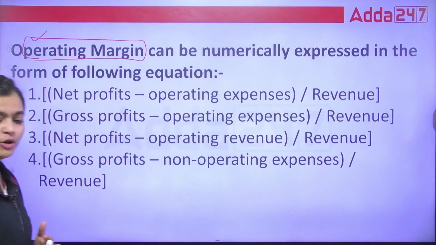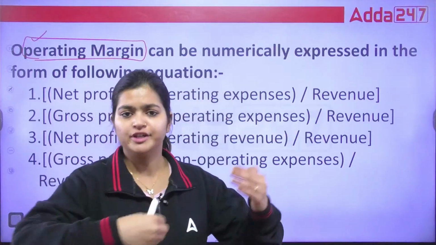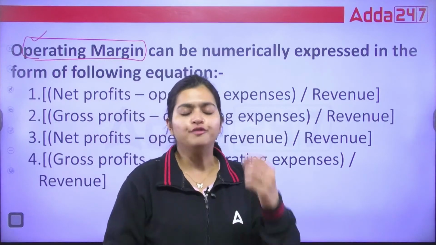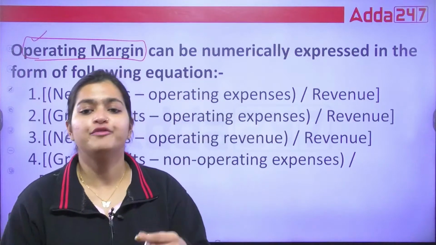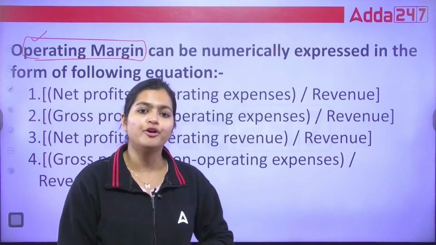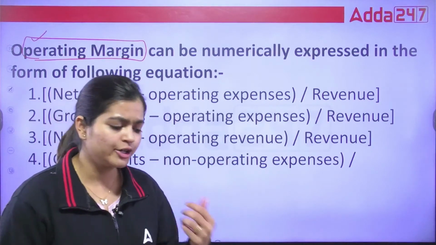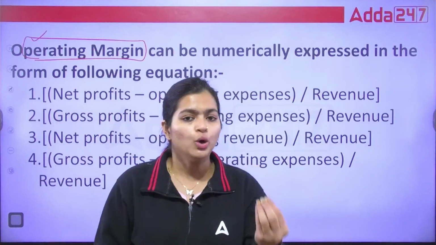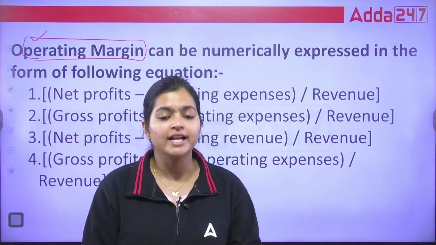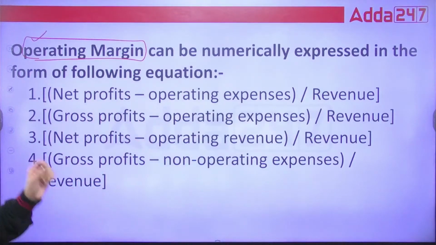When we talk about ratios, we talk about many different types of ratios. The first is the profitability ratio. Under the profitability ratio, we calculate many different ratios: gross profit, net profit, overall profit ratios. One of these ratios helps us calculate the operating margin.